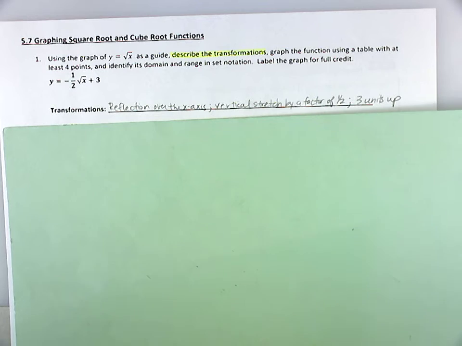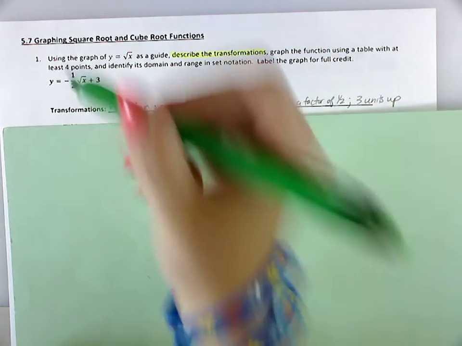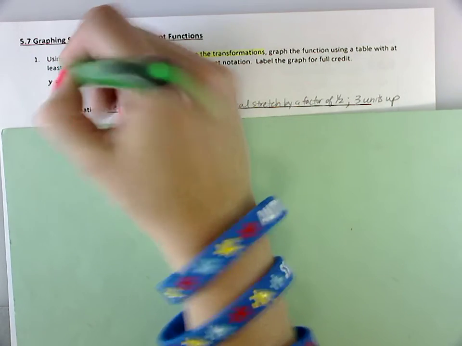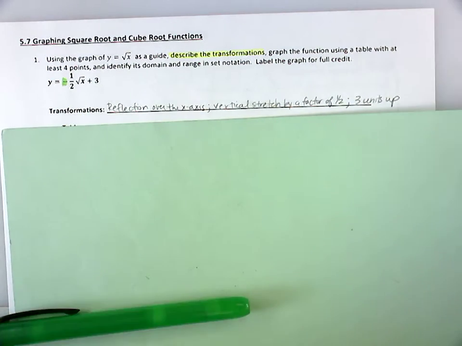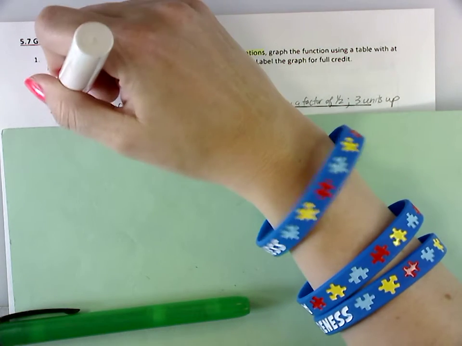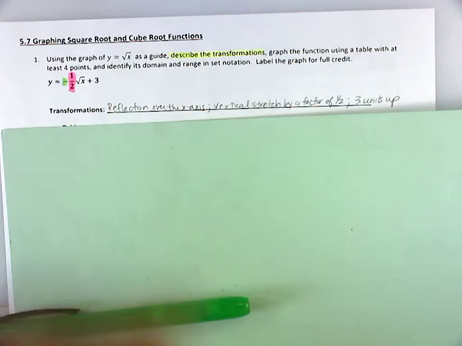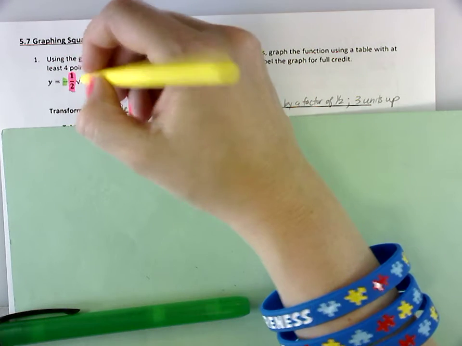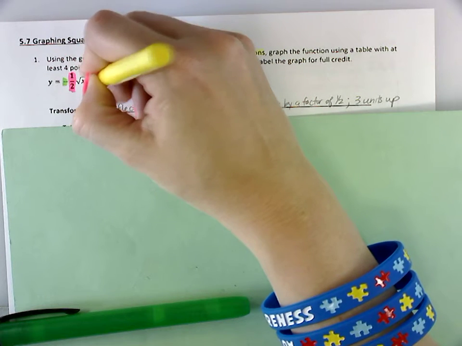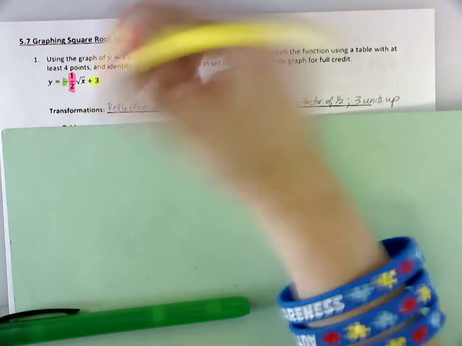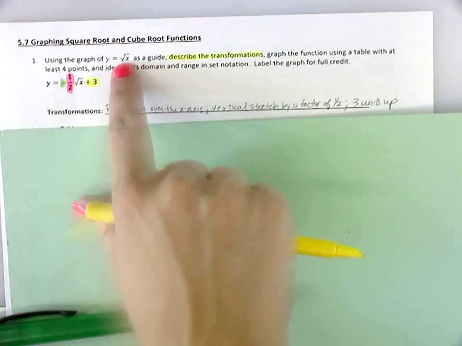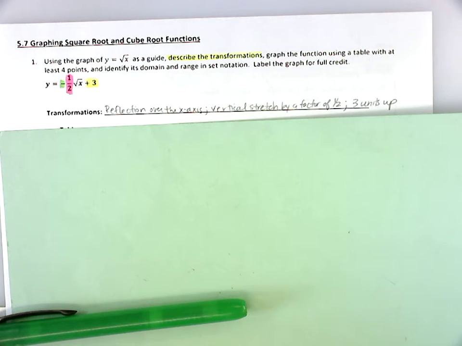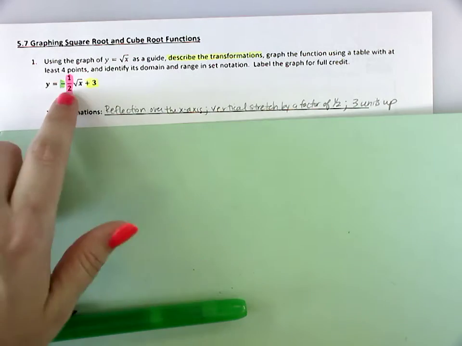Yeah. Okay, so that's one of the transformations. I'm just going to highlight that. We also now have the 1/2 in front, so that's another transformation. And there's one more, and that's the what? The +3. Yeah, the +3. Can you see how if I took away all those highlighted portions, I would be left with this? So that's how you can tell what transformations you have.